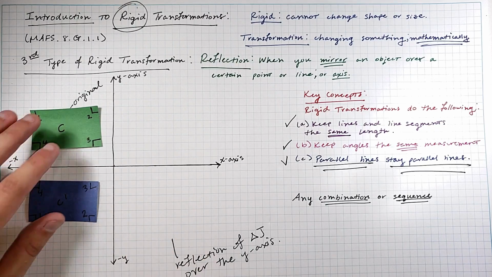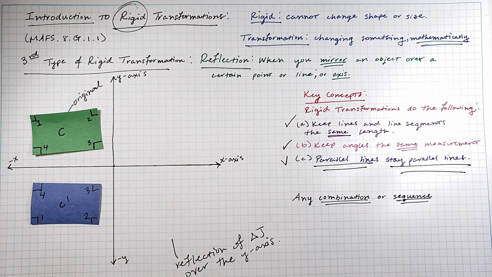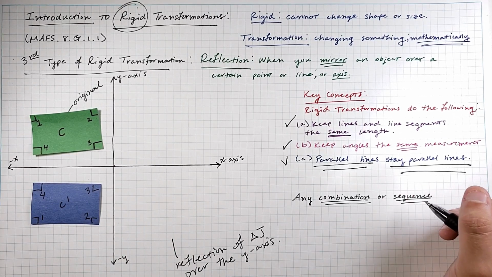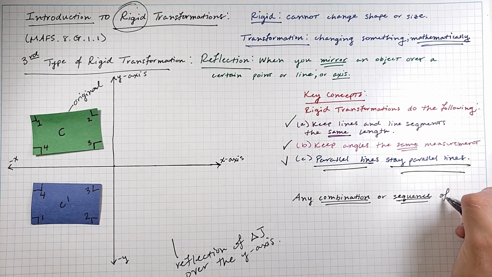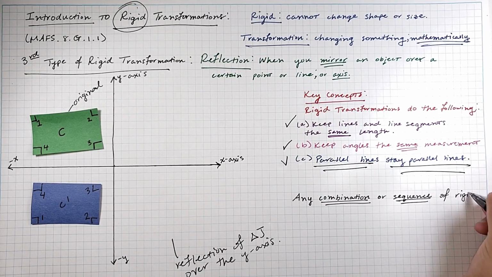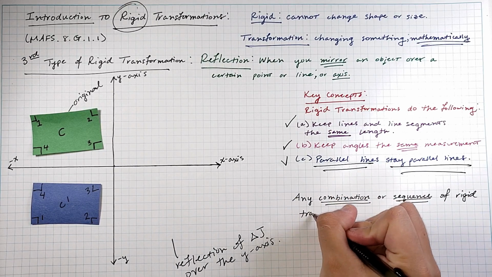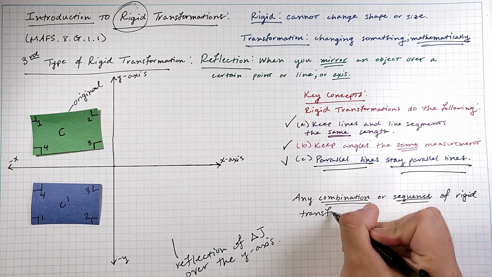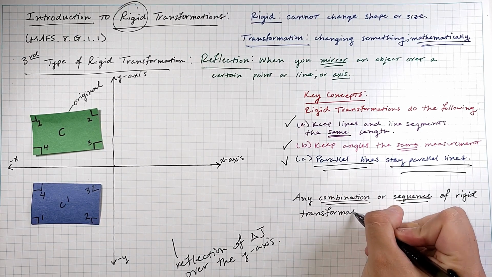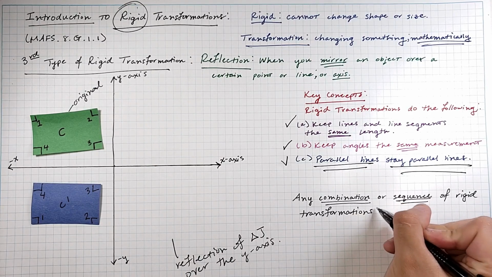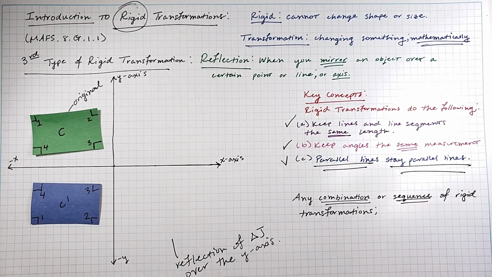So now what do we know? Now we know that any combination or sequence of rigid transformations, so what are the rigid transformations?